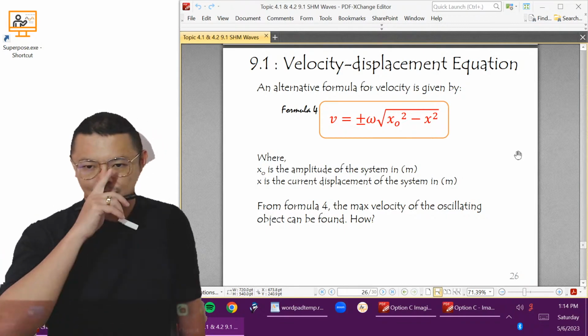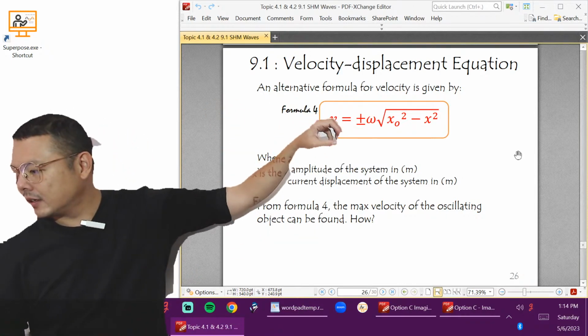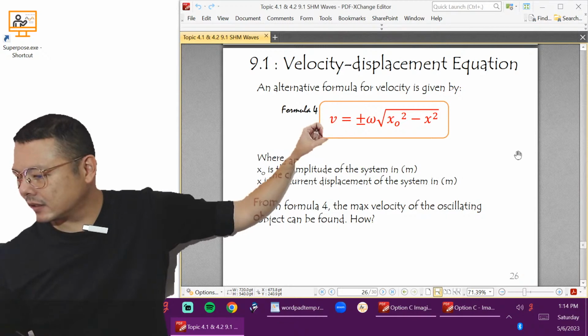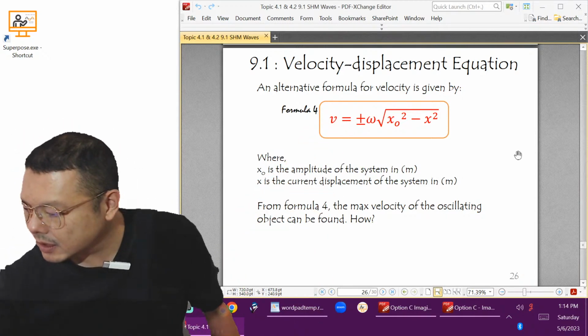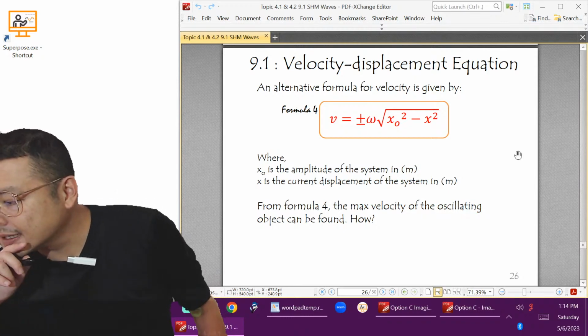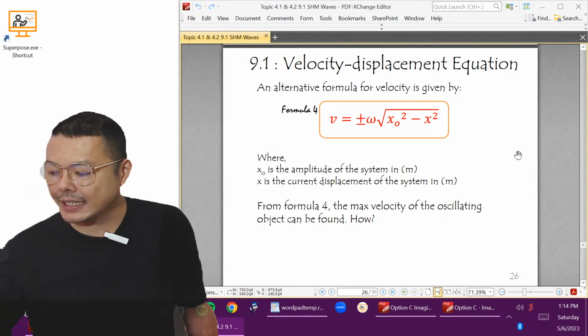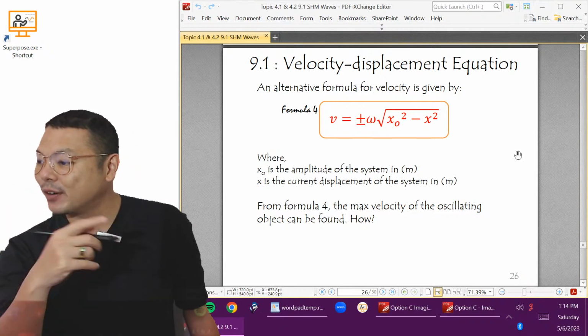So you just cut this page out. Then we'll take out 28. The one behind is energy in SHM. Those who don't have the printed copy, we just write it down on our own.